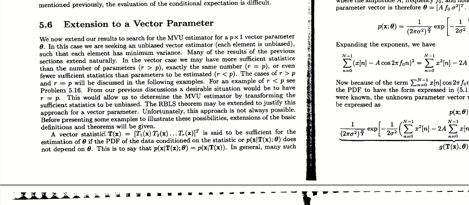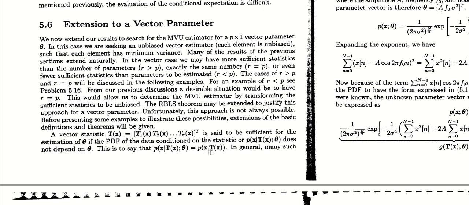A vector statistic T of x equal to T1, T2, all the way to Tr is said to be sufficient for the estimation of theta if the PDF of the data conditioned on the statistic T of x and theta does not depend on theta. This is to say that P of x conditioned on T and theta is equal to P of x conditioned on T of x.